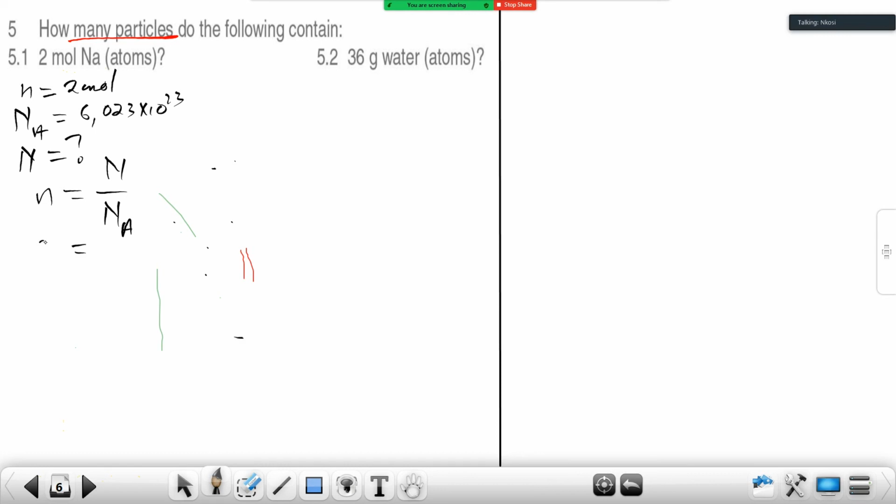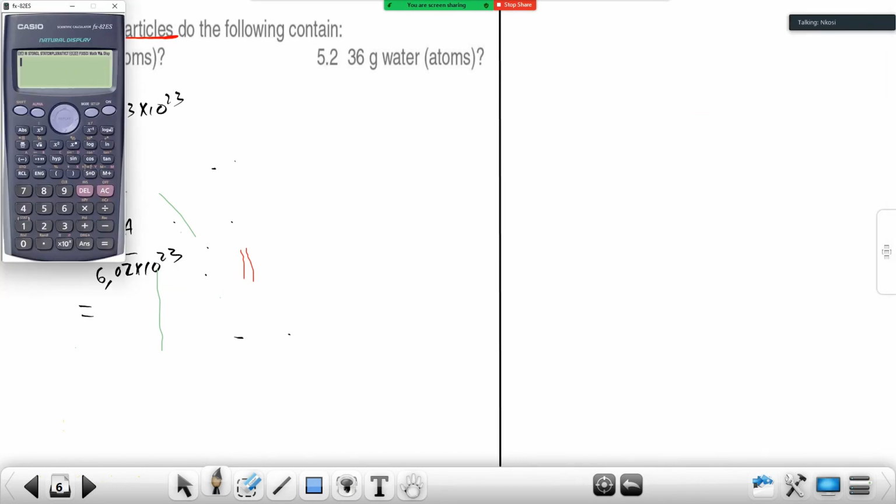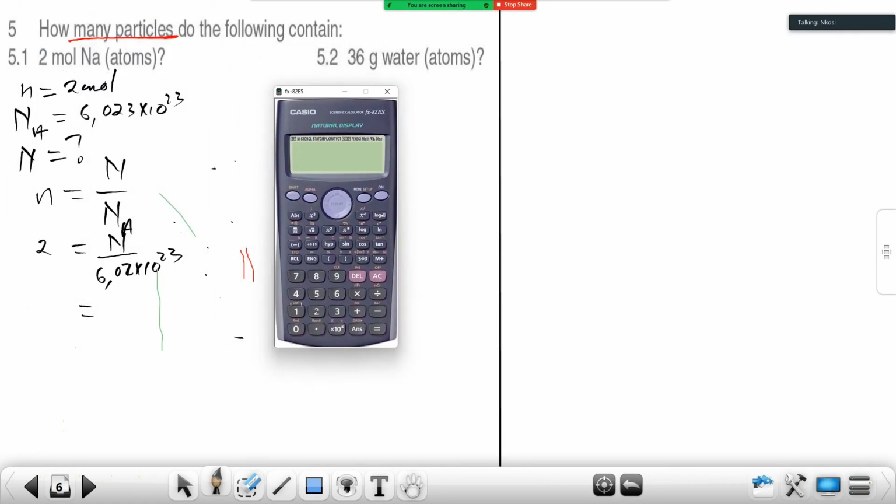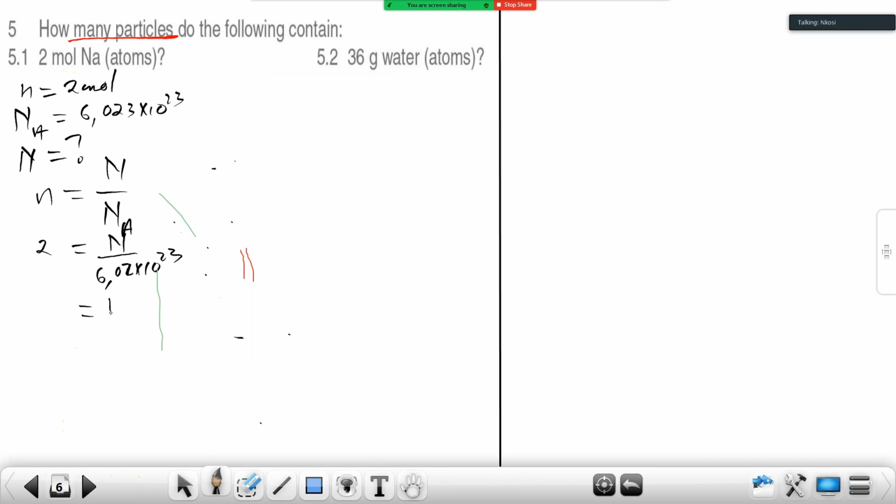So I have 2, and N is what I am looking for, 6.023 multiplied by 10 to the power 23. Then I need my calculator for that. It's basically 2 multiplied by 6.023 exponent 23.